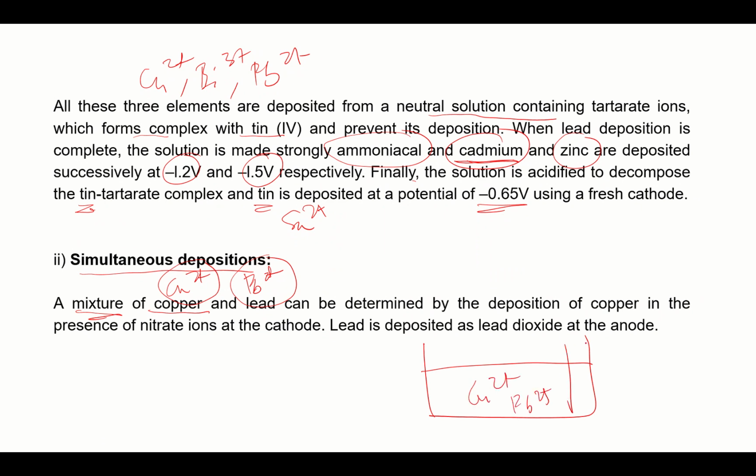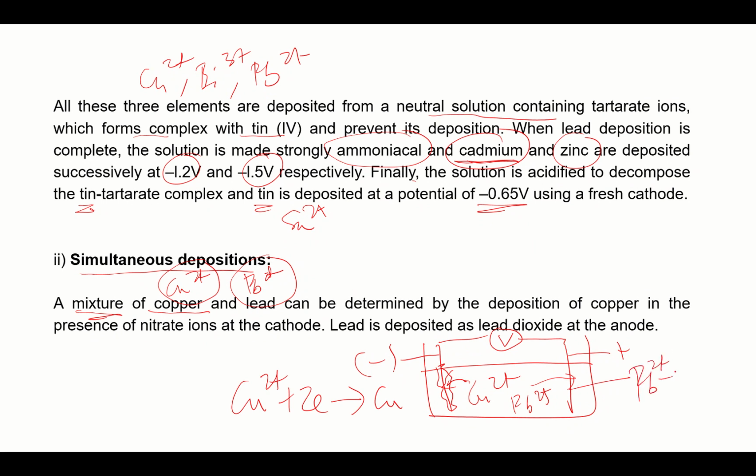This is the anode and this is the cathode. By applying a constant potential, copper will reduce to copper on the platinum cathode. Lead will oxidize: Pb2+ will oxidize to PbO2, a solid, lead dioxide.